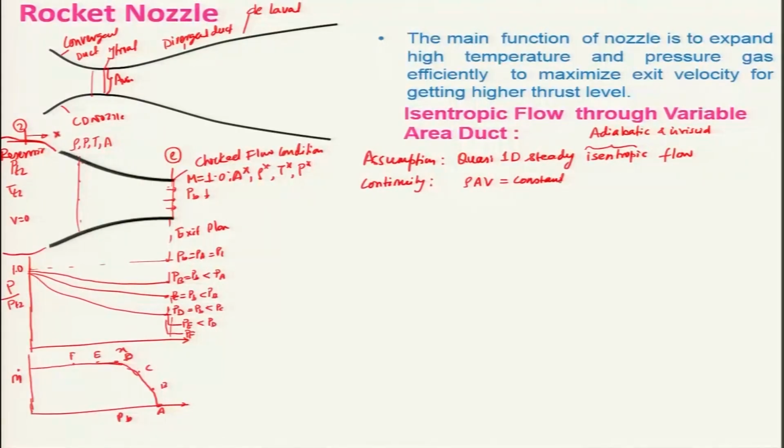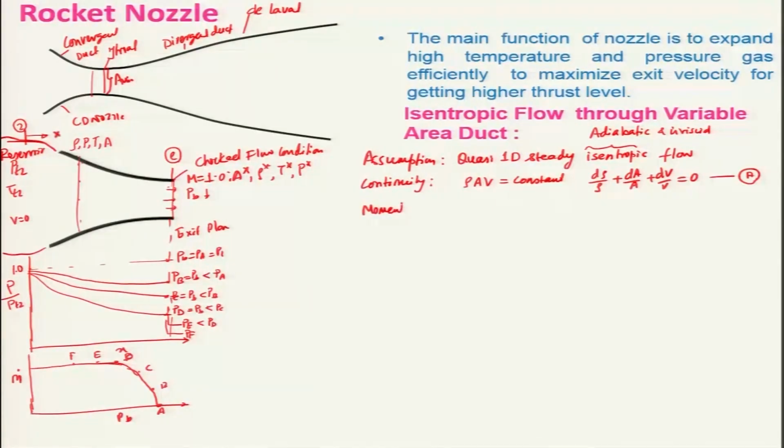Let us now look at this continuity equation in differential form. That becomes d rho by rho plus dA by A plus dV by V is equal to 0. Let us say this is equation A.